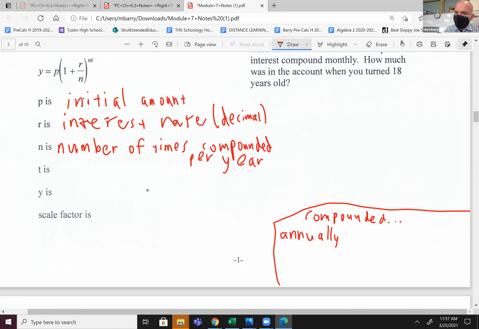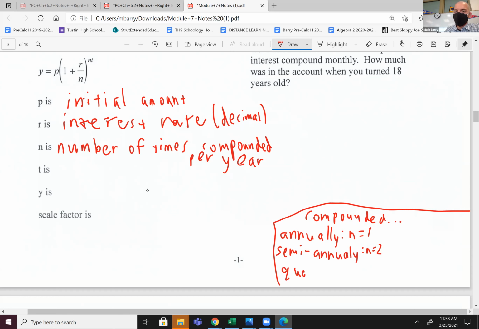So there will be a couple of options. One option, annually. So if you do something annually, how many times per year do you do it? If you do something annually, that means you only do it one time per year. So your n would be 1. If you do it semi-annually, how many times do you do it per year? 2. You're supposed to go to the dentist semi-annually, twice a year.